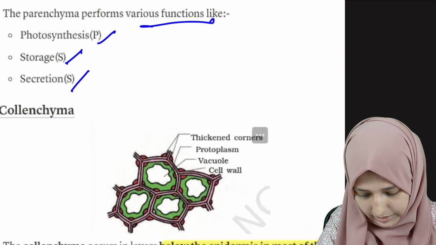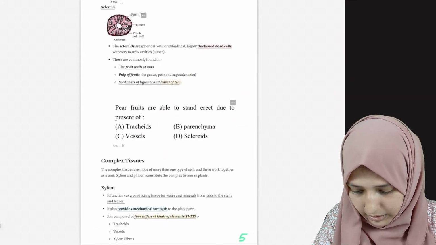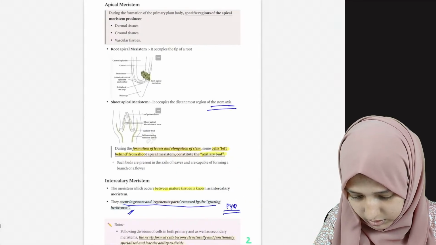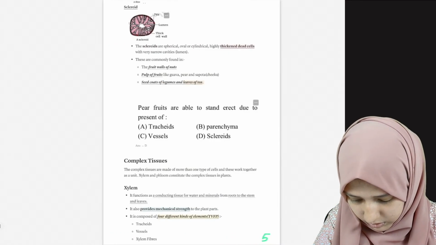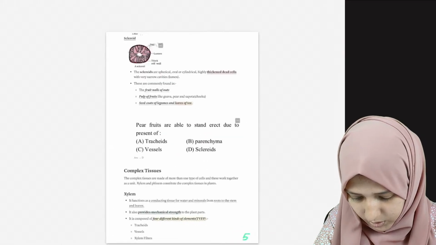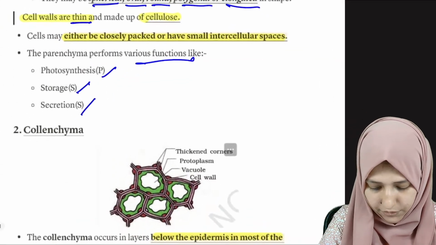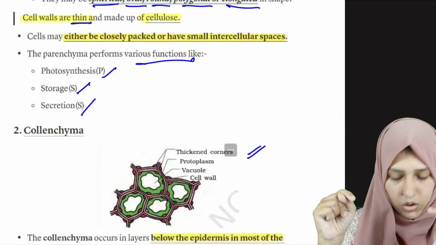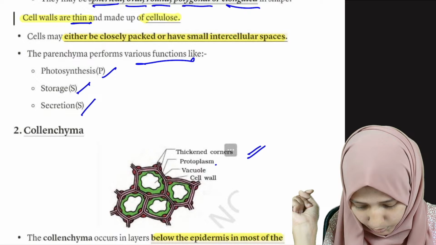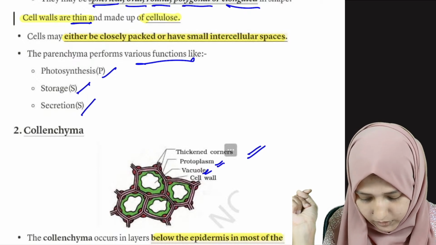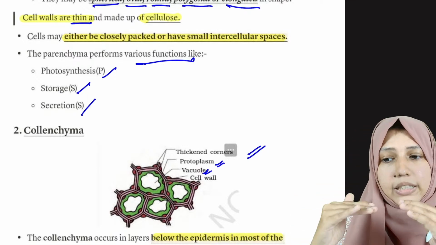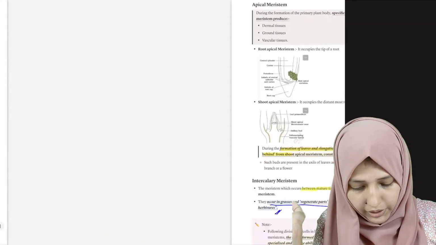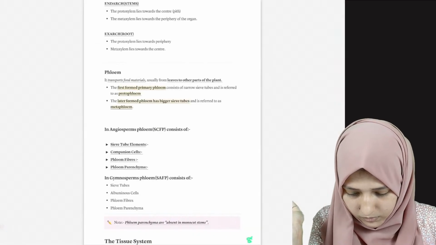Now we will see the features of collenchyma. It will be having thickened corners. The corners will be thickened, and it will be having protoplasm and vacuoles. Clear?